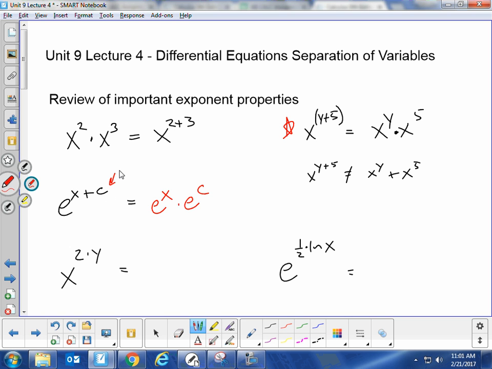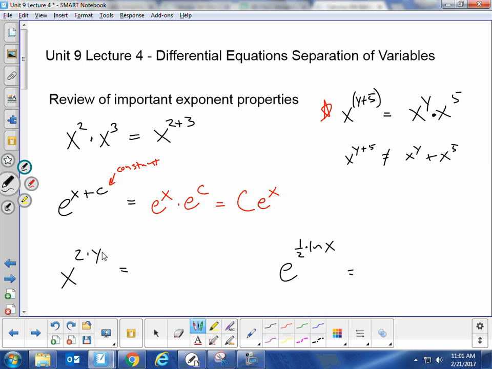If we say c is just a constant, well, e to the power of c is just a constant as well. I can rewrite e to the c as c. And I can actually move that c to be in front of the e to the x. So all of a sudden, e to the x plus c can be written as c e to the x. And we will be using that frequently today.